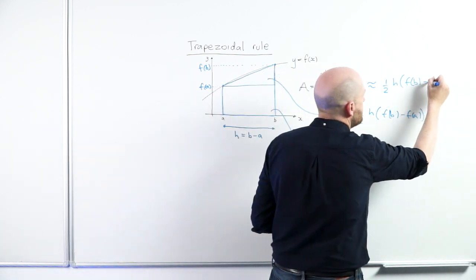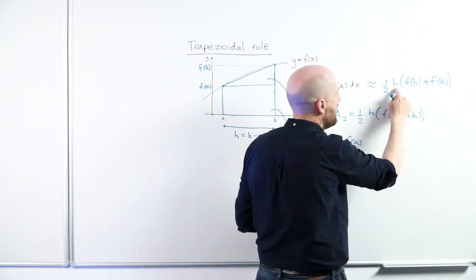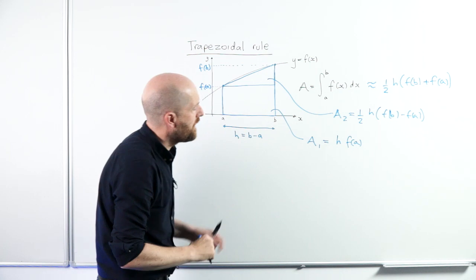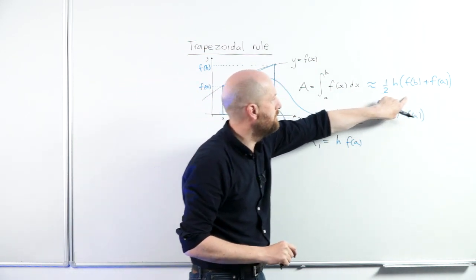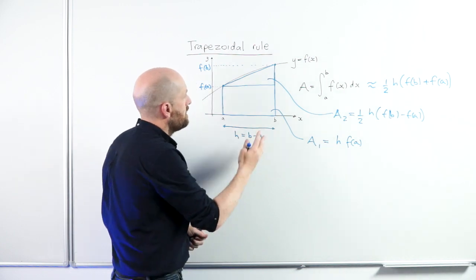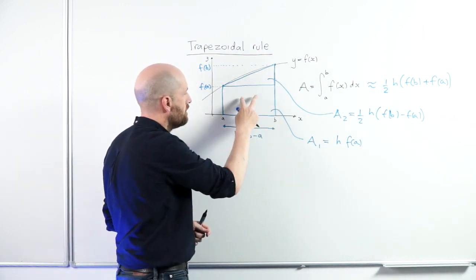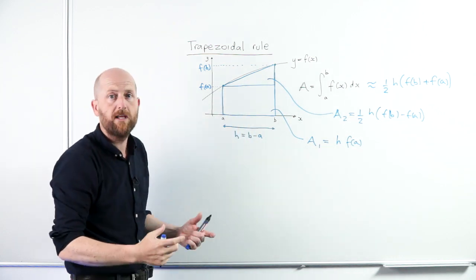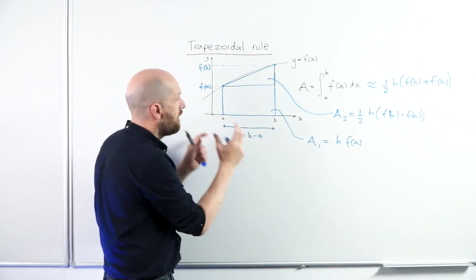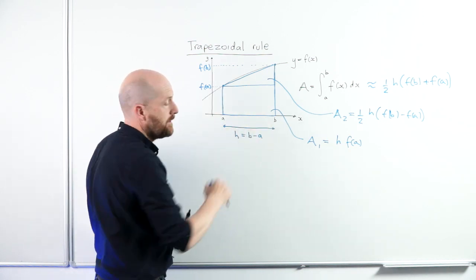In fact, this turns out to be a half h times f(a). So what I've got now is an approximate area under this curve. The reason this is called the trapezoidal rule is because this shape now, the rectangle and the triangle, is a trapezium.